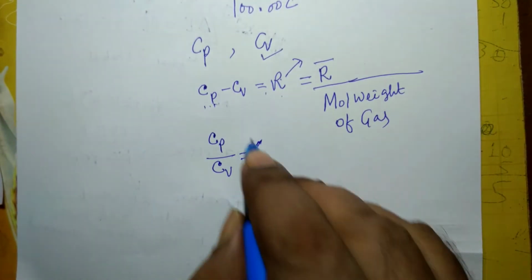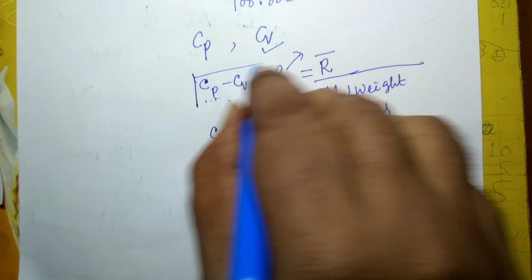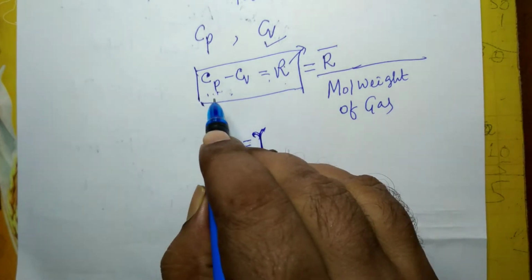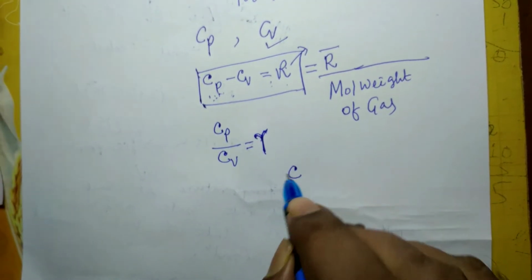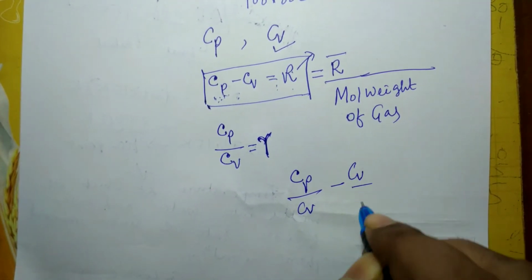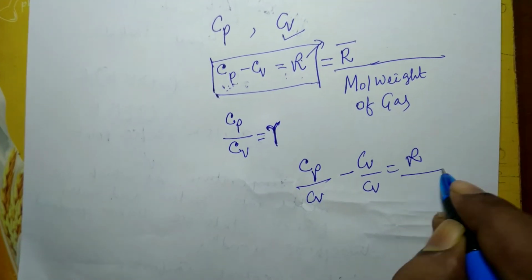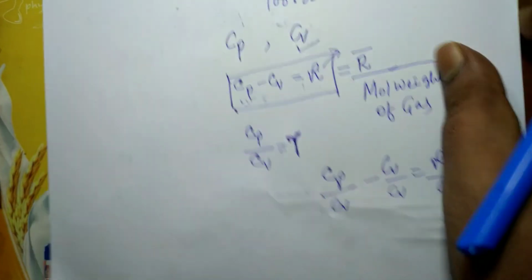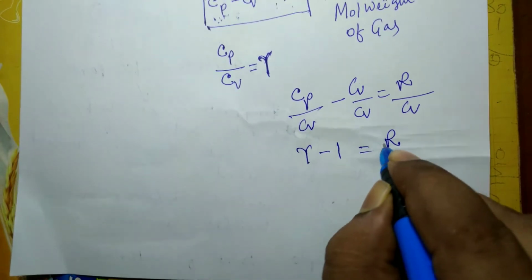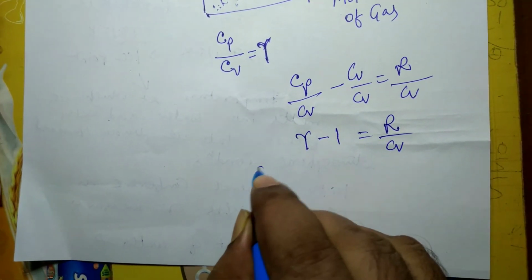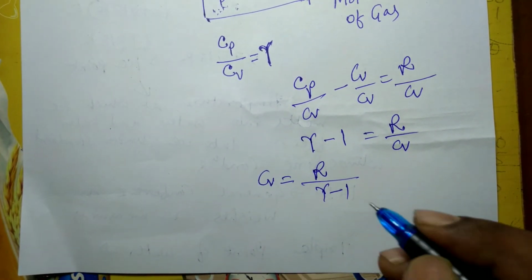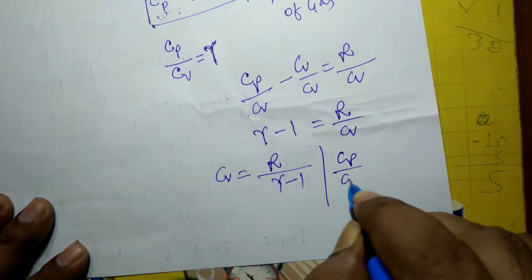From these relations, we have Cp minus Cv is equal to R. If I divide both sides by Cv, Cp by Cv minus Cv by Cv is equal to R upon Cv. So gamma minus 1 is equal to R by Cv. From here, Cv is equal to R divided by gamma minus 1, and we know that Cp by Cv is equal to gamma.